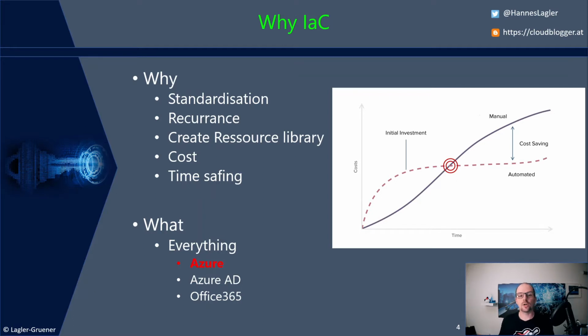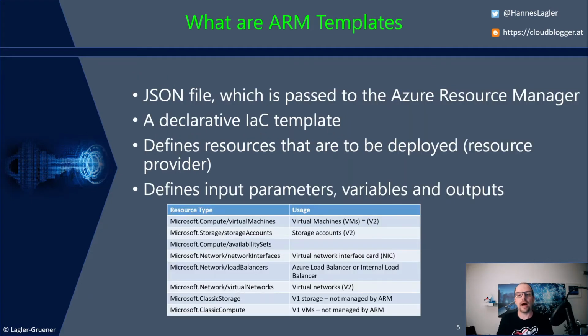Now let's talk about what ARM templates are. An ARM template is a JSON file which is passed to the Azure Resource Manager. What the hell is the Azure Resource Manager? The Azure Resource Manager is the middle tier of Microsoft Azure.